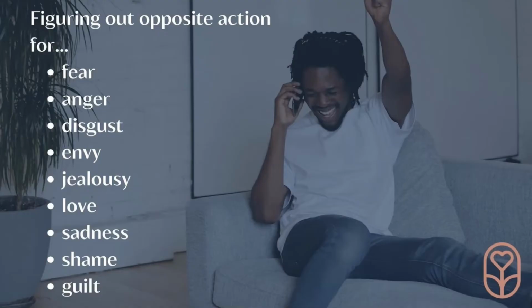When shame is not justified, there is no threat of being rejected by others. The opposite action for shame is to stop hiding your behavior with people who you know won't reject you. When your behavior violates your own morals, but you will not be rejected by others if they know about it, act on the emotion of guilt.